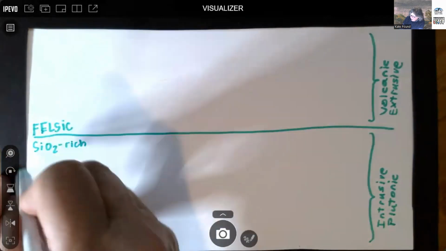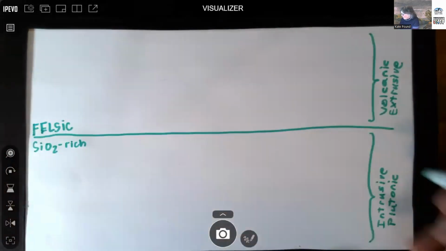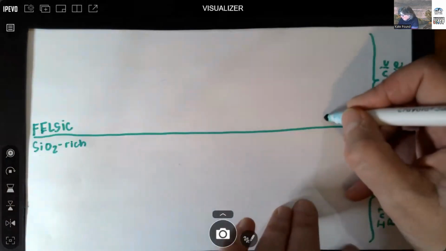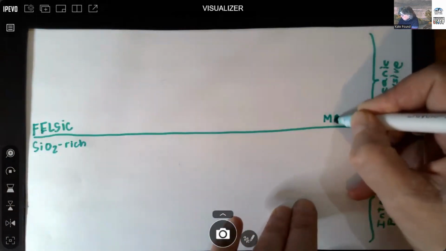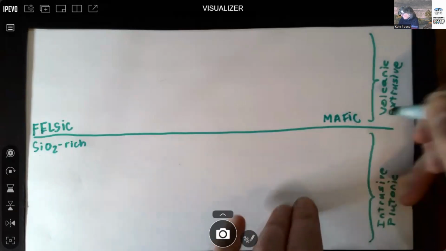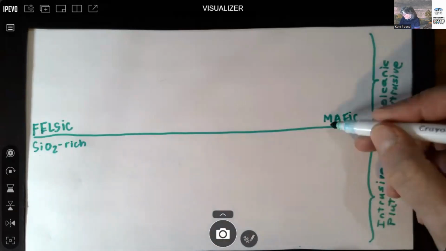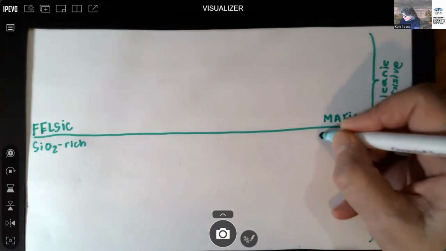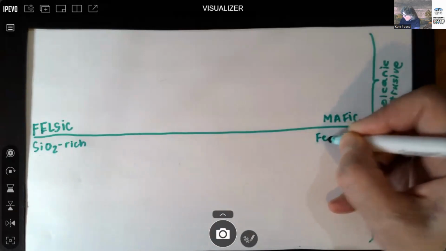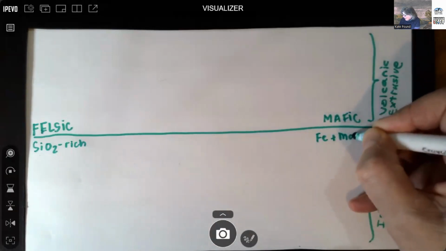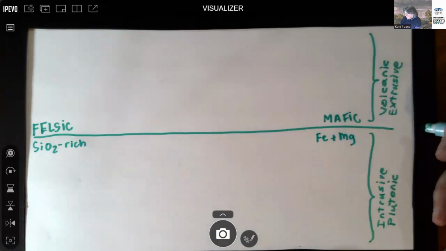Remember, we talked about those S words last week. Over on the right, and I'm going to do the simple version here, everything is called mafic. And essentially that means it is iron and magnesium rich.